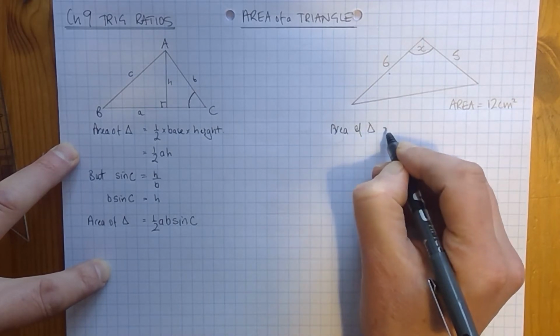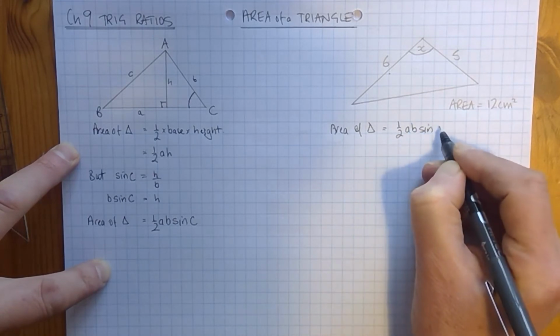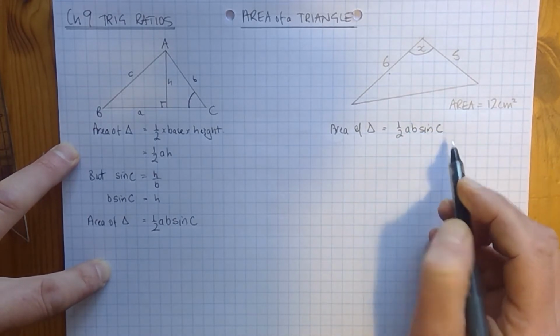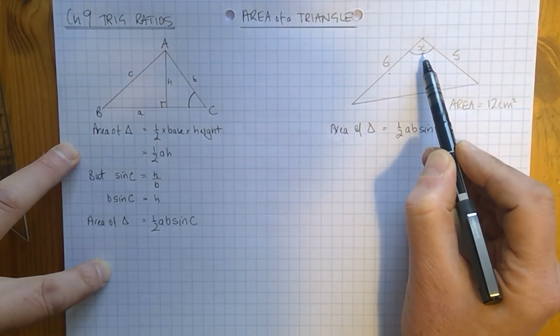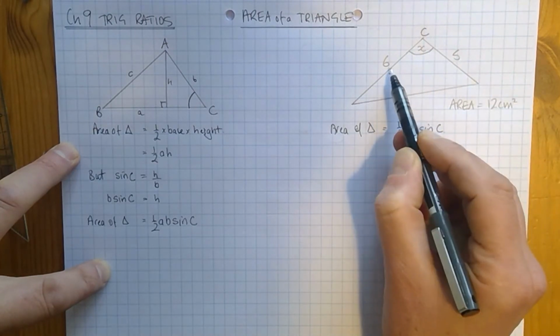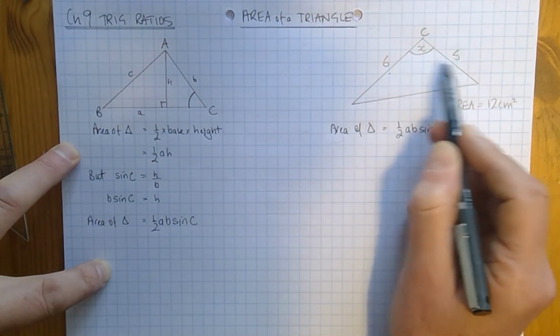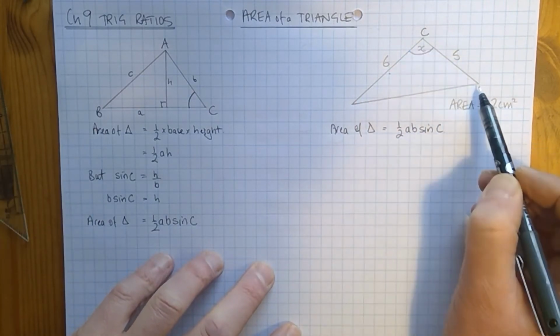Area of the triangle is half AB sine C. In this particular one, this is the angle that we're trying to find. This is C. And these two sides are A and B. It doesn't matter which way around these go, but notice that we've got the angle in between the two sides.